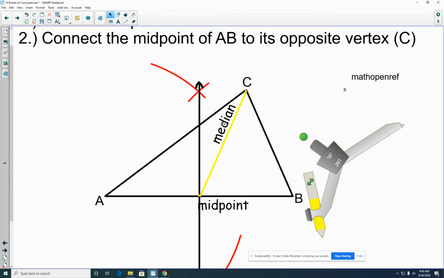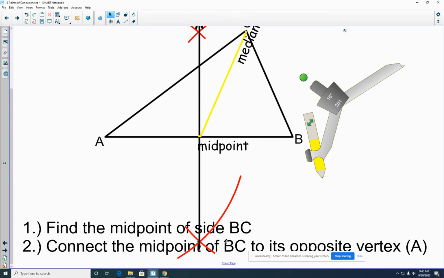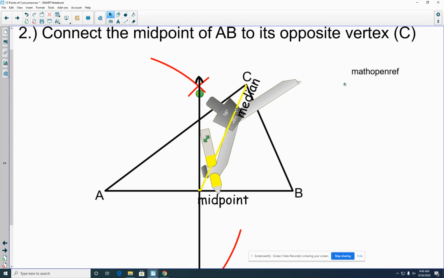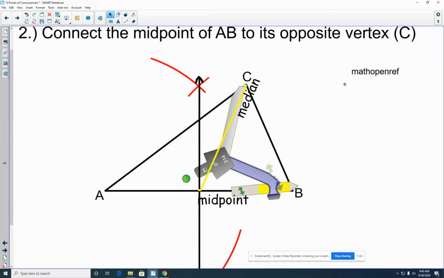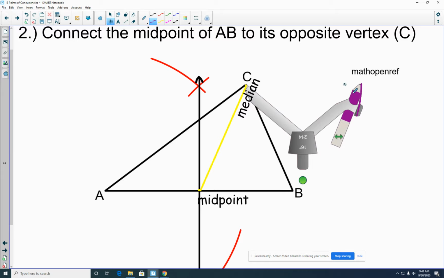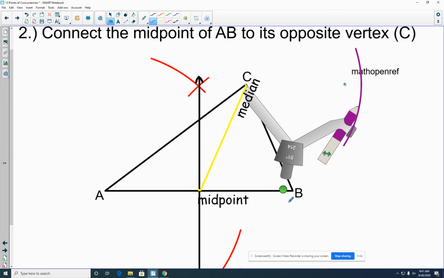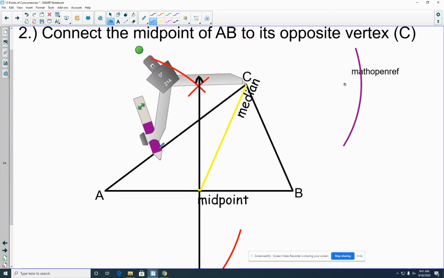Now we're going to do the same thing for side BC. So now I'm going to go from B to C, do the perpendicular bisector to get the midpoint, and then connect the midpoint to its opposite vertex. So here, and then above.